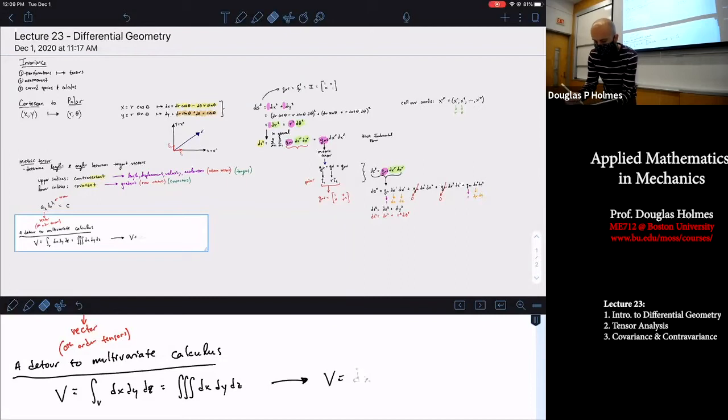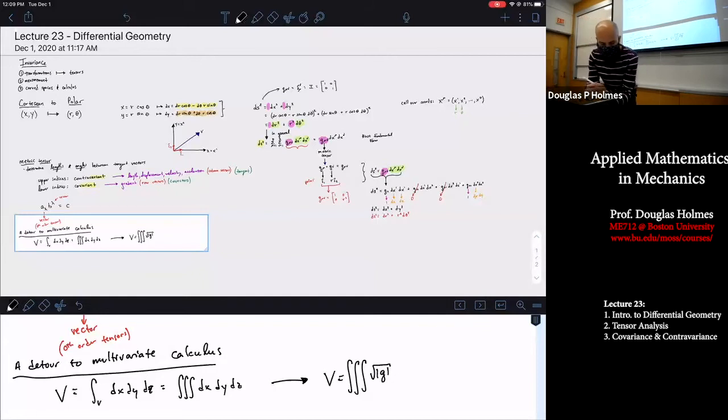let me do this a different way. In general, the volume integral is going to be equal to the integral with the square root of the determinant of the metric tensor, which is what I'm writing here with my vertical lines.